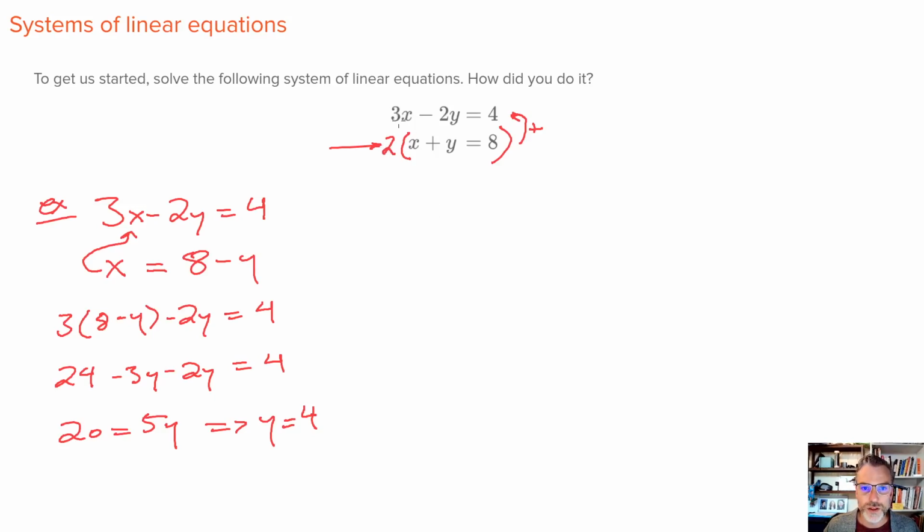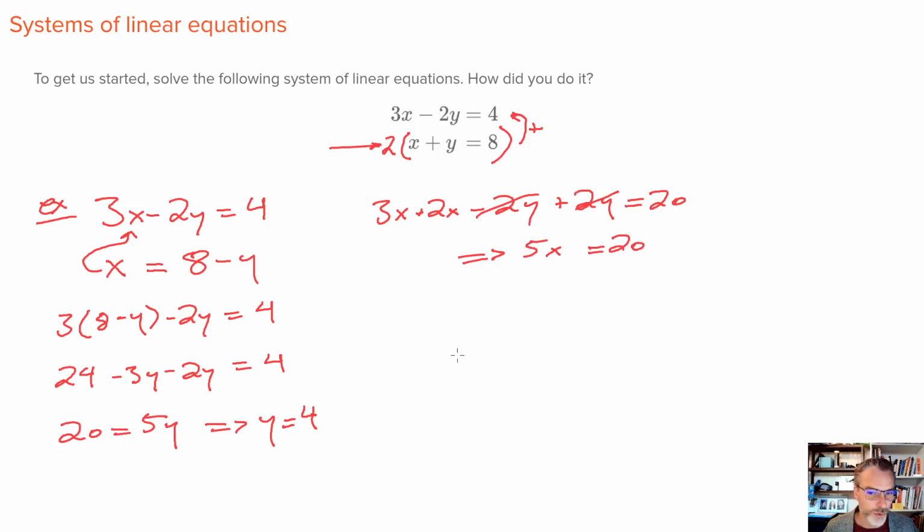I'll have 3x plus 2x, minus 2y plus 2y, and 4 plus 16. I could gather like terms. Those will cancel. I'll have 5x equals 20.